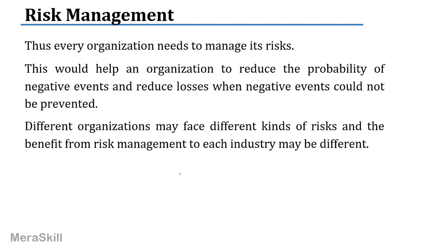Now, of course, every organization is not the same. Different organizations, depending on their size, their complexity, the environment, and the industry to which they belong, may face different kinds of risk. So we can't just have one model to be applied to every organization.